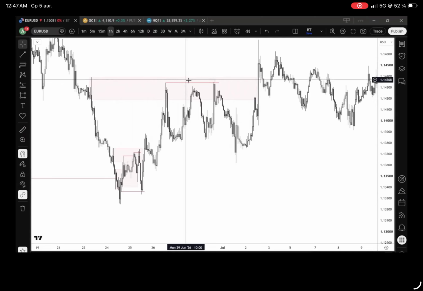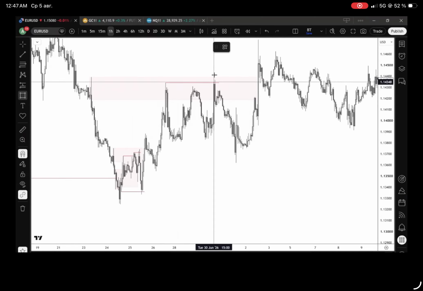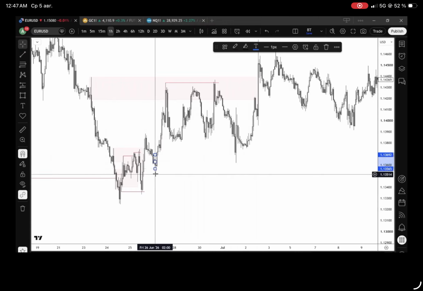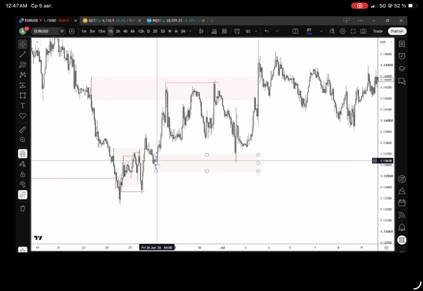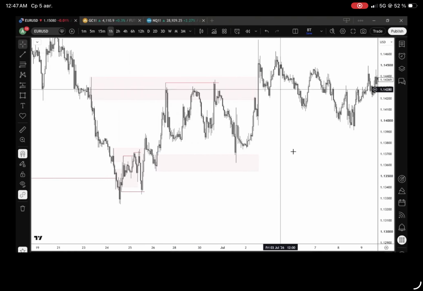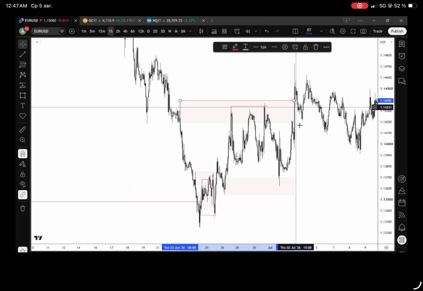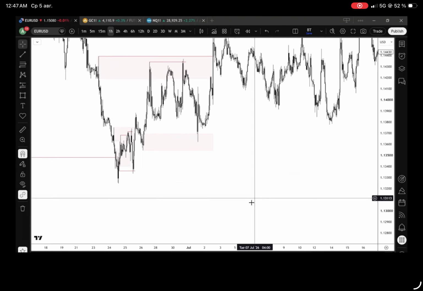However, this move has induced buyers. Now what caused this breaker structure to the upside? We mark out this candle. So this candle, we tapped into it and we broke structure to the upside. So what do we now have at these lows?